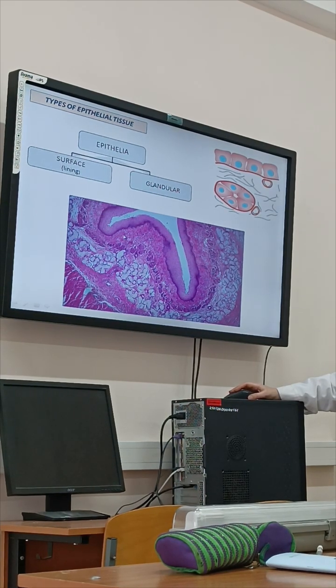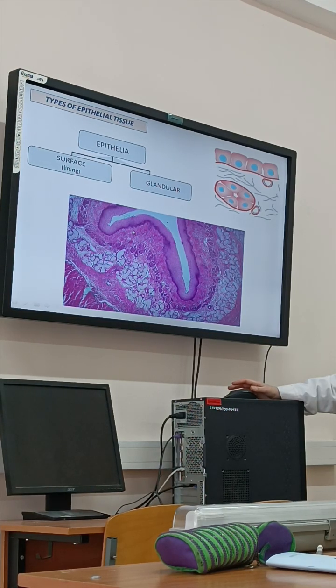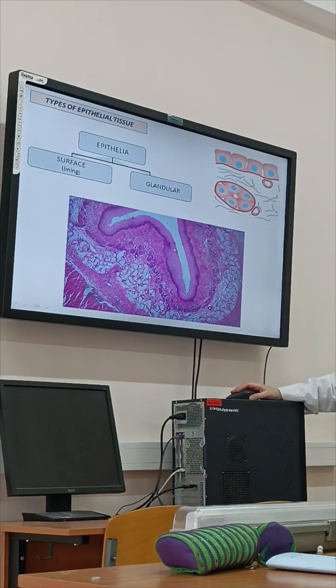Epithelium that lines surfaces we refer to as surface epithelium, or lining.